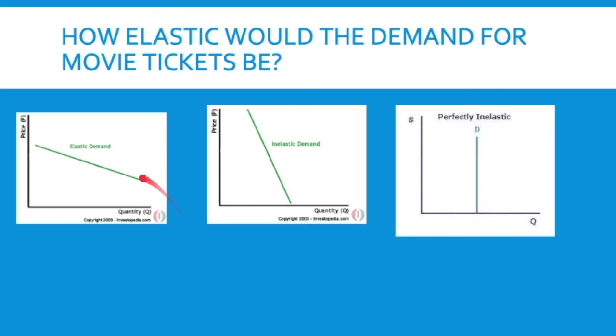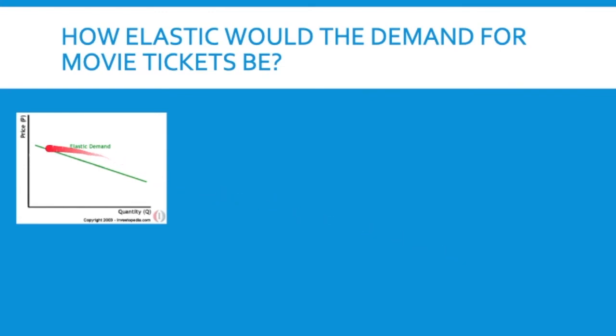Elasticity of movie tickets. Would it be elastic, inelastic, or perfectly elastic? It would be elastic because people don't have to go to the movies. There's streaming videos. There's on demand. Granted, people still obviously go to the movies, but let's say tickets for movies are currently $14. At $14, this quantity of people will buy movie tickets.